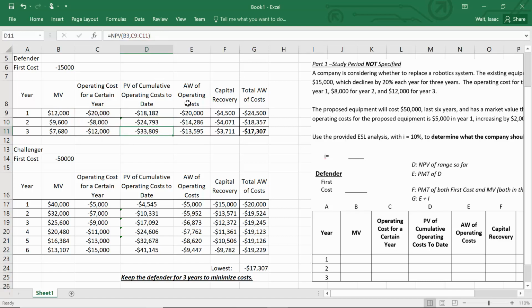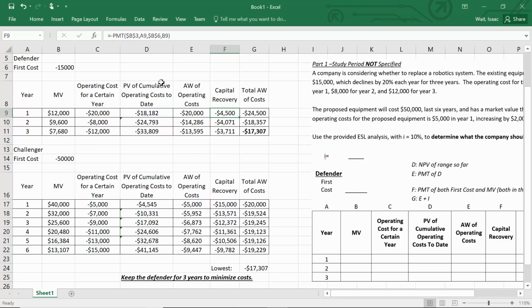All right, and then to annualize those, we have to do the payment function, where this PV is what we put in as the present value, the cumulative operating costs that have been taken to the present. And you'll notice that I put a negative sign in front of that PV, and the reason why is the payment function automatically flips the sign. And these are costs, and they're still going to be costs, and so I don't want it to change from negative to positive. I want it to stay as negative, so I have to manually reverse that change of sign.